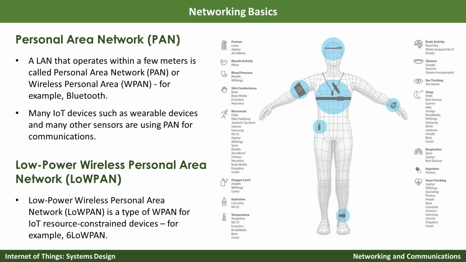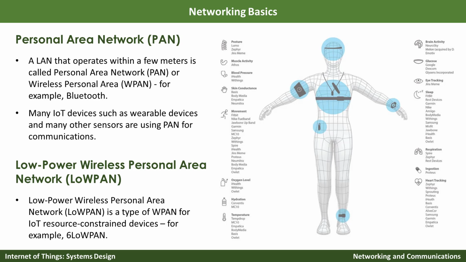The wireless came much later, so we specifically talk about LAN and WLAN. But PAN and WPAN you might not hear as frequently, because from the inception they were supposed to be wireless.